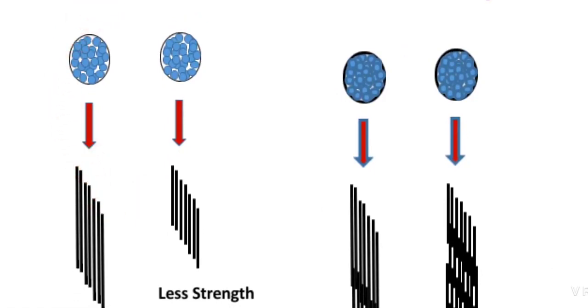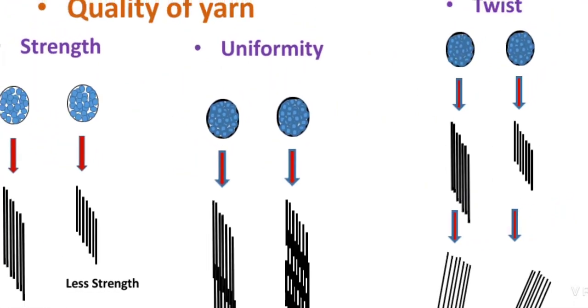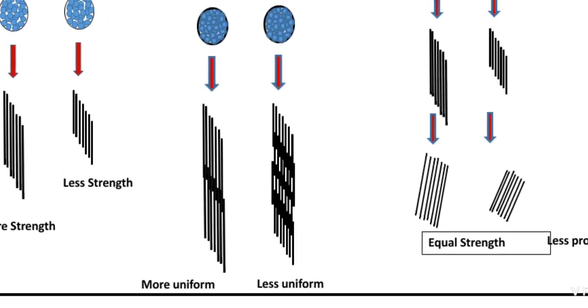The second is uniformity. If you look at this picture, here we have spun the same yarn. In one case, longer length fibers are used, while in the second, short length fibers are used. Now, while you convert fibers into yarn, you have to twist them, you have to turn them into an assembly. While you convert them into an assembly, you have to join them, right?